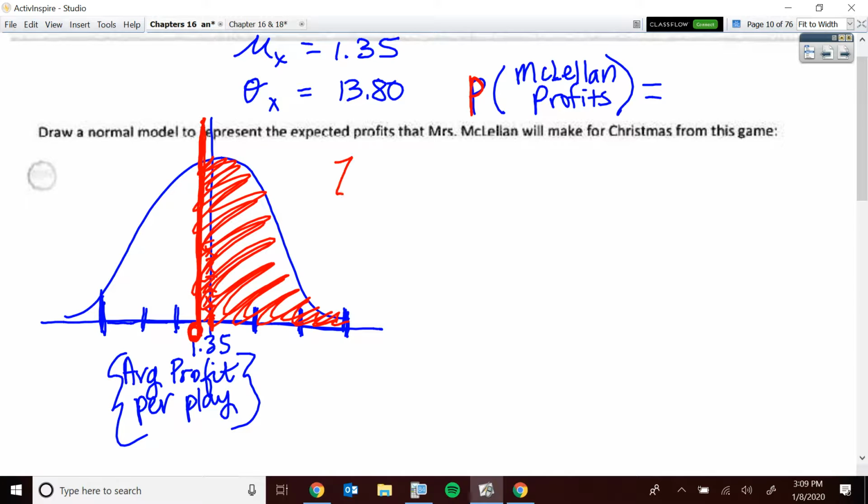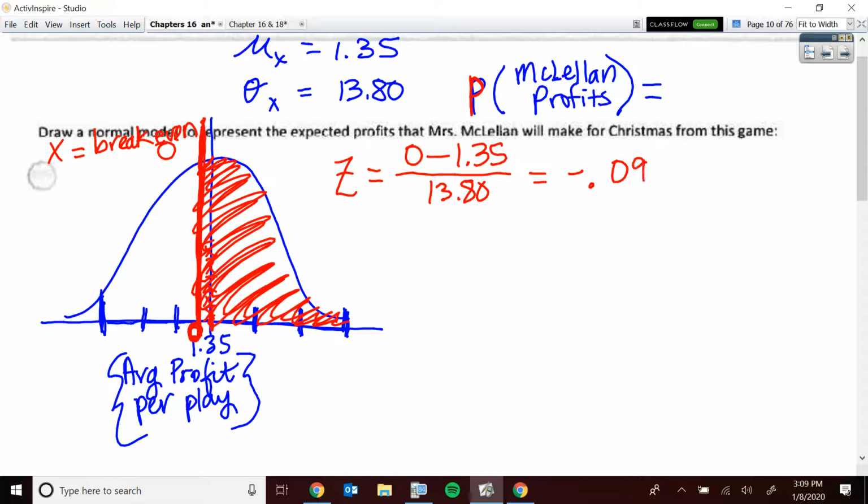So you're going to be doing your z-score. And so our x is break even, and that was our 0. Okay, so 0 minus the mean over the standard deviation, and that comes out to negative 0.098, I think.